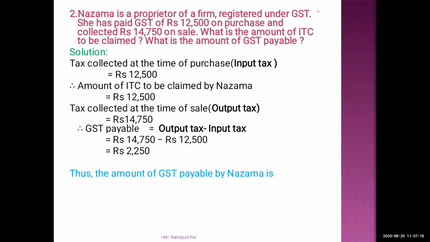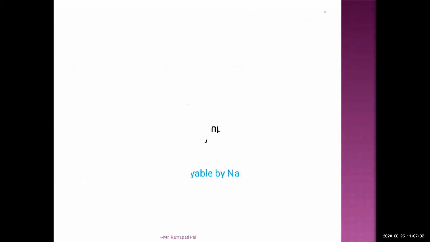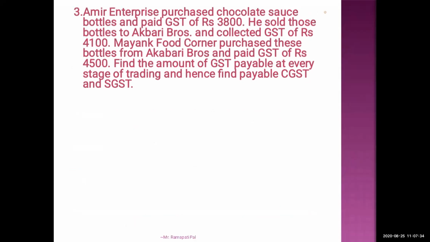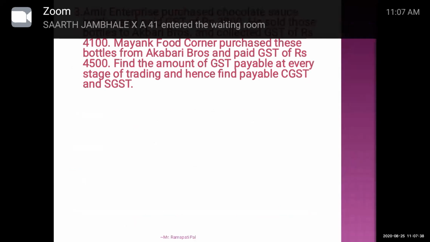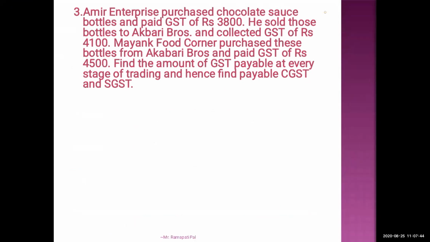Now, question number third. We will move to question number third. Are you ready? Okay, come with me now. Amir Enterprises purchased chocolate sauce bottles and paid GST of rupees 3,800.